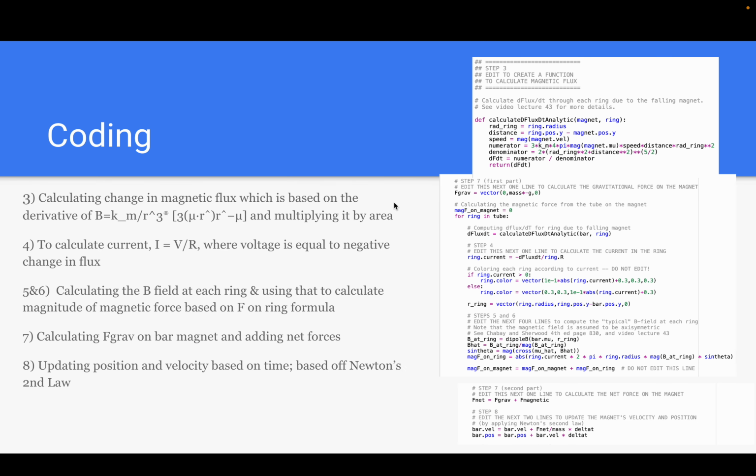Part 3 is when we calculated the change in magnetic flux, which is based on the derivative of change in magnetic field and multiplying it by area.